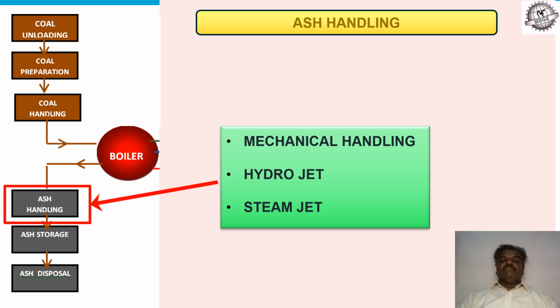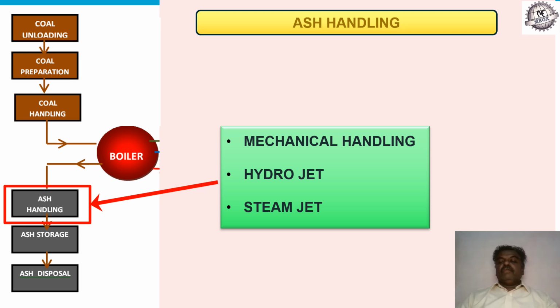The other option that is available is a hydrojet. We have a running stream of water, and the ash that falls down from the grate would be cooled and then carried away by the water jet. The ash upon cooling forms a thick mass, something like a clinker, and it will be filtered and then taken out.